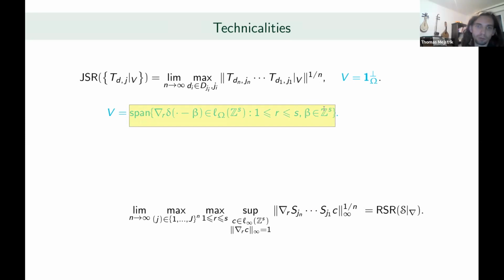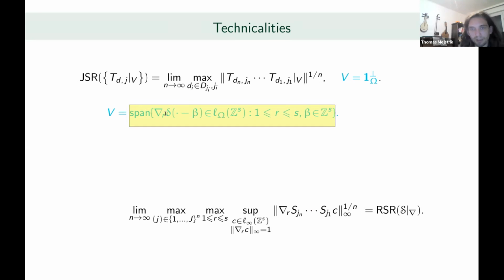So the directional difference in direction R of the delta sequence, and we shift this vector of 1, minus 1 around in our space L omega and take the span of it. These two vector spaces coincide given omega is fat enough.